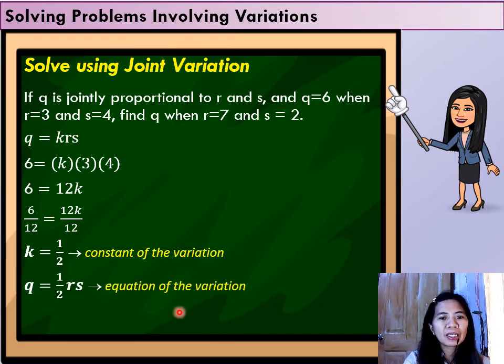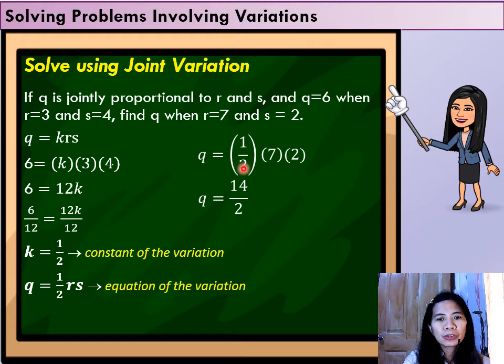So we have here the equation. Substituting the value of the constant, we have Q equals 1 half R times S. Now, using this equation, we are going to solve for the value of Q. So Q is equals to 1 half, the constant, 7 is the value of R, and 2 is the value of S. Multiplying this, 1 times 7 times 2 is 14 all over 2.